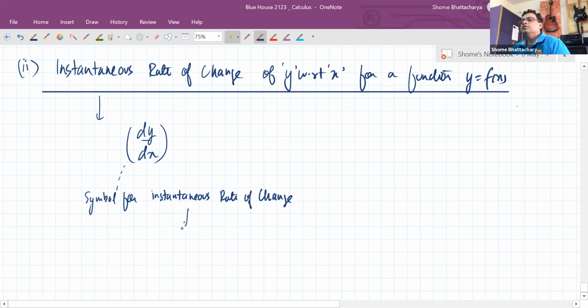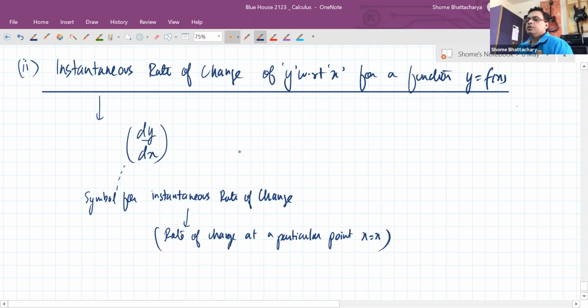So instantaneous rate of change means rate of change at a particular point, not for an interval. At a particular point x equal to x, not for an interval x1 to x2. So how do we define this algebraically?